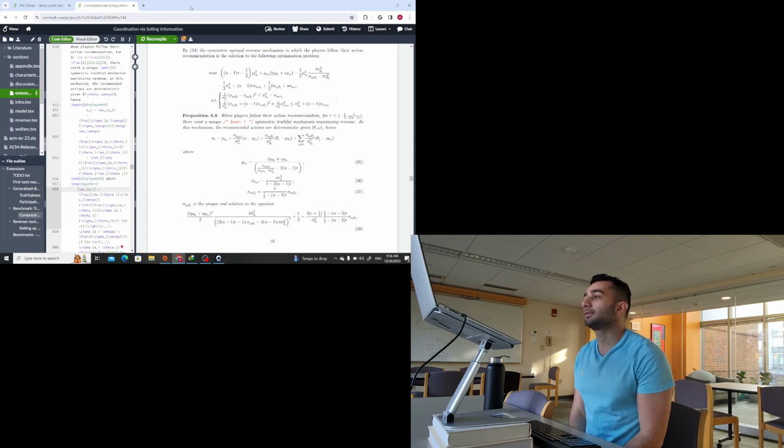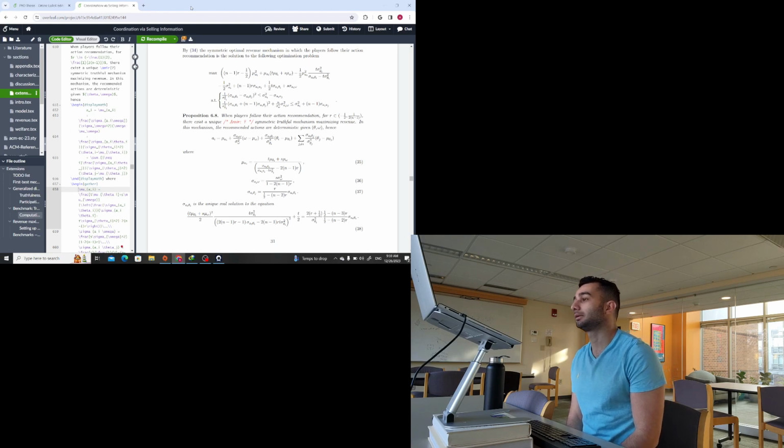When players follow their action recommendation for R, there exists a unique, symmetric truthfulness mechanism maximizing revenue. In this mechanism, the recommended actions are deterministic given... Hence, we want to separate them.